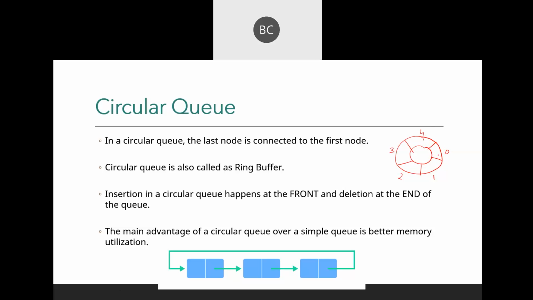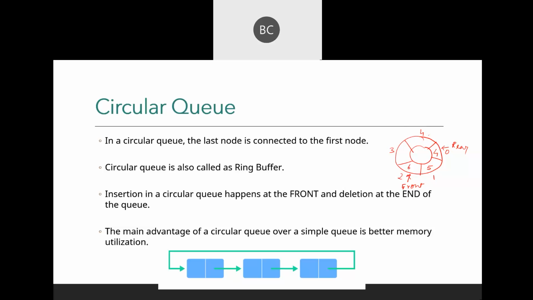If you have some items like 4, 5, 6, then suppose this one is the rear and this one will be the front. Even if you keep adding and finally it is here, I remember, you can still add items.